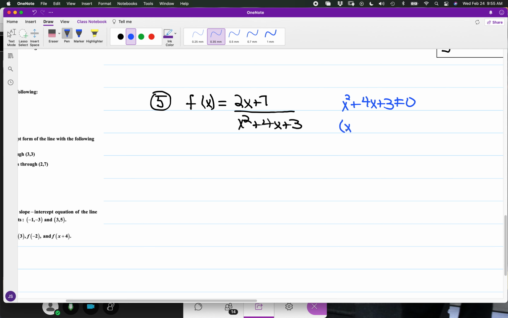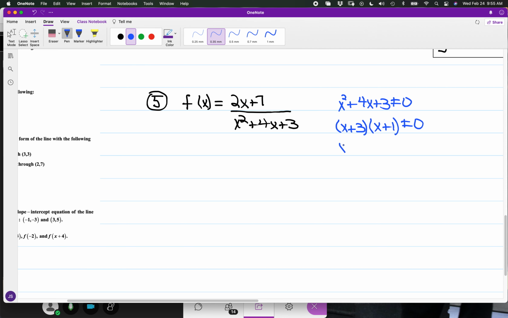Looking at the factors, x squared plus 4x plus 3 factors to the quantity of x plus 3 times that of x plus 1. The whole expression cannot be 0, and that means that the factors cannot be 0 either.